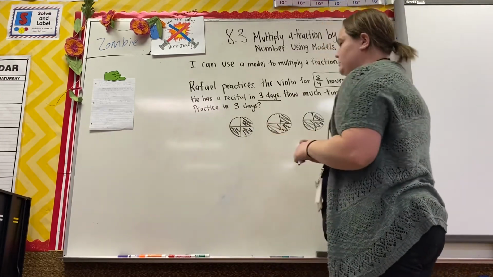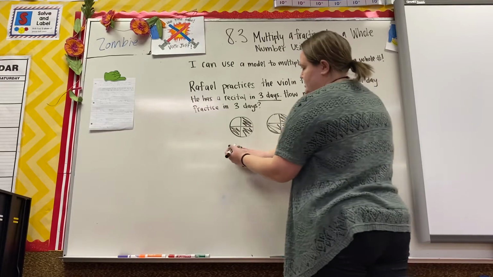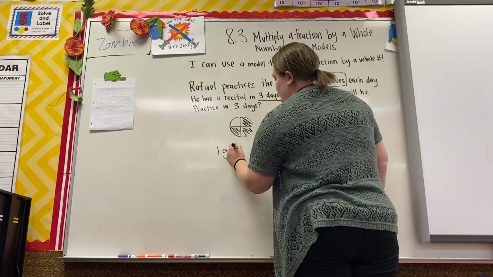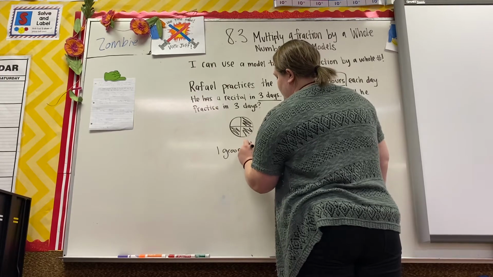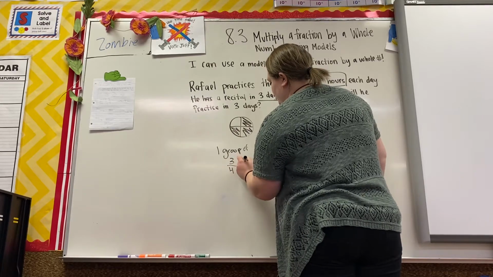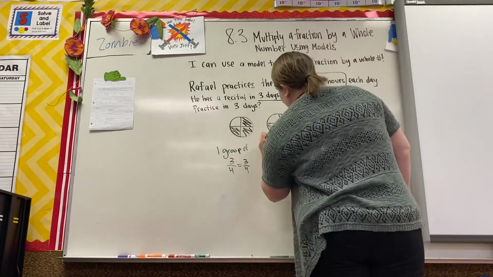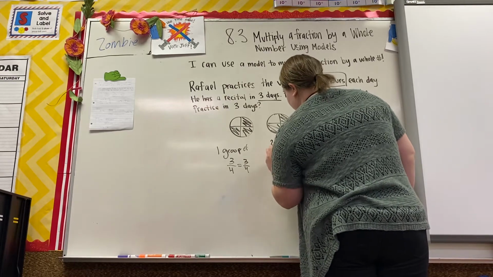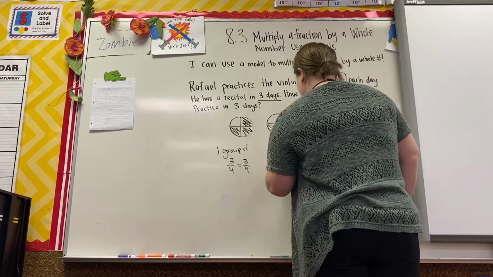Okay? So, one group of 3/4 equals 3/4. So on day 1, he practiced 3/4 hours. 2 groups of 3/4 equals 6/4.